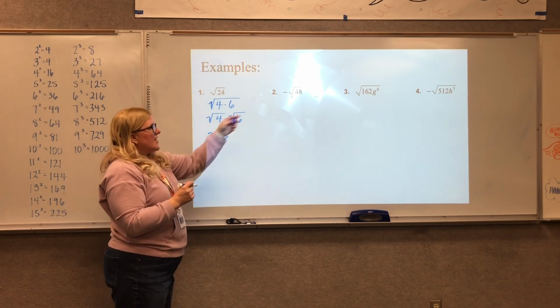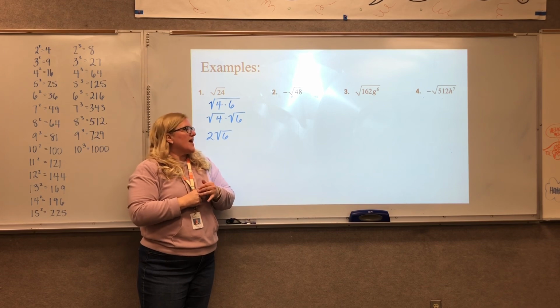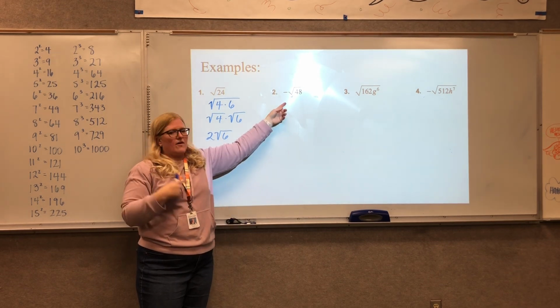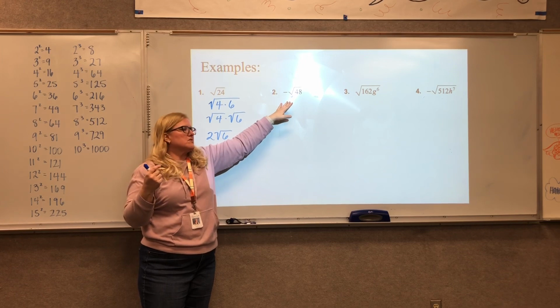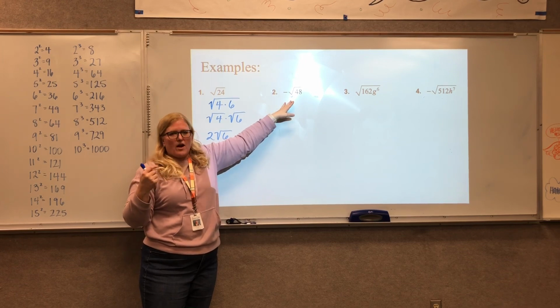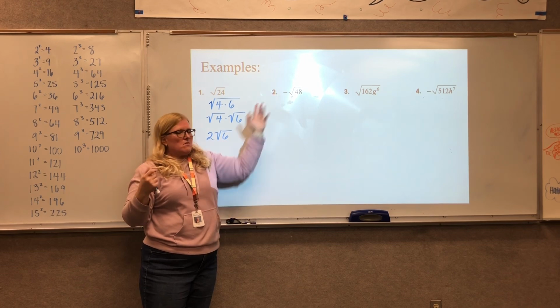All right, so negative square root of 48. Sometimes maybe some of you know off the top of your head what the biggest perfect square factor of 48 is, but some of you may not.